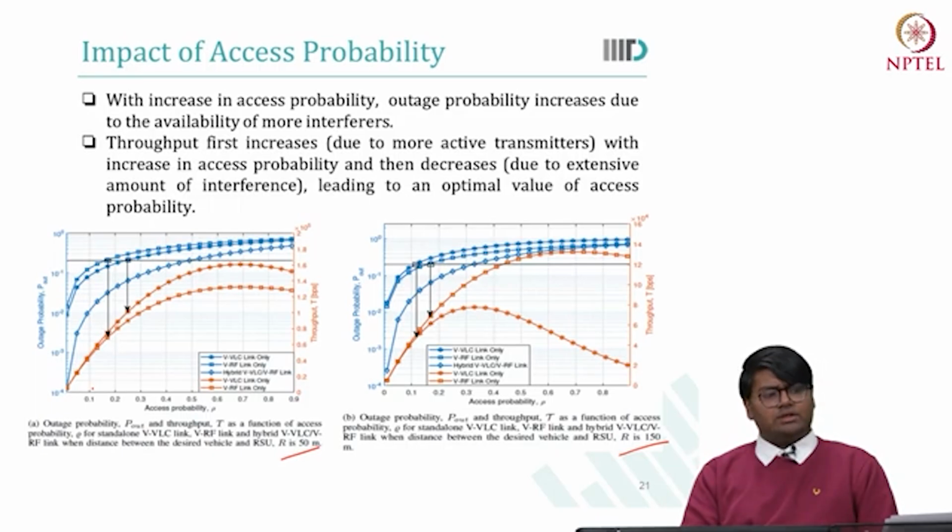With an outage probability below 20%, when the distance between my desired vehicle and roadside unit is 50 meters, the optimal value of access probability for standalone VLC is 0.25, and it results in a throughput of about 100 kbps. However, when we increase the distance, that is when my R is 150 meters, the opposite trends are observed.